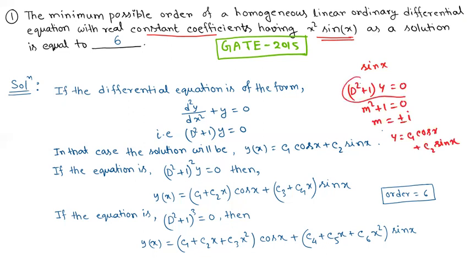Now, if we want to get x sin x as a solution with some constant coefficient, then in that case we have to solve this ordinary differential equation.